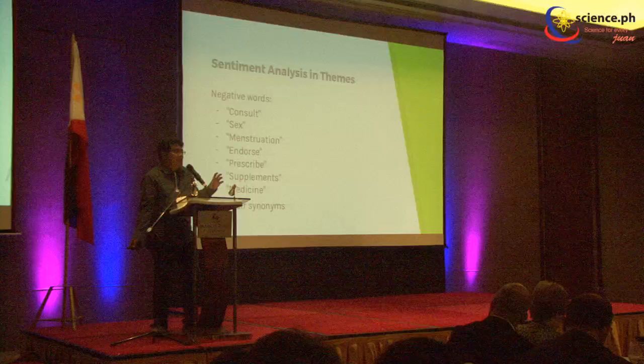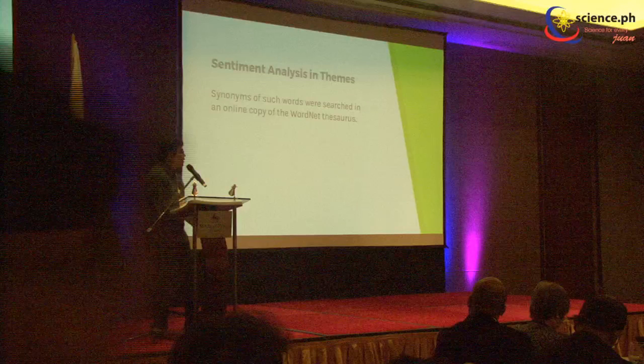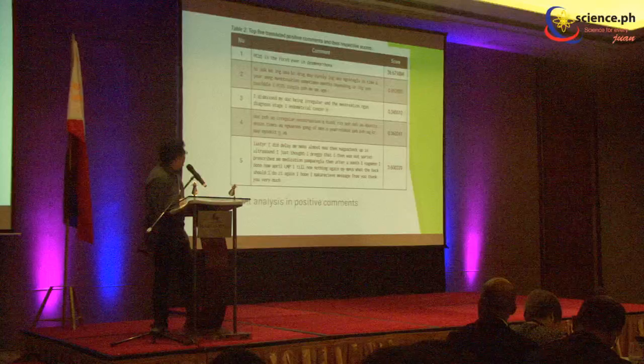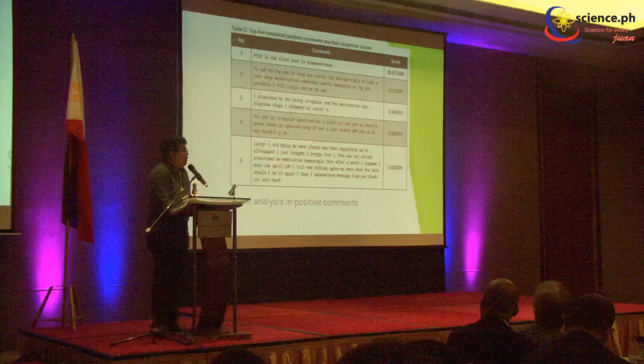And here are the comments as well as their scores. So just for context, these are the actual comments. Okay? So that were collected. So for example, PCOS is the first ever in dysmenorrhea. So there's a score related to that. So ask ko lang, ano kasi may drug, may rare din ako na blah blah blah.